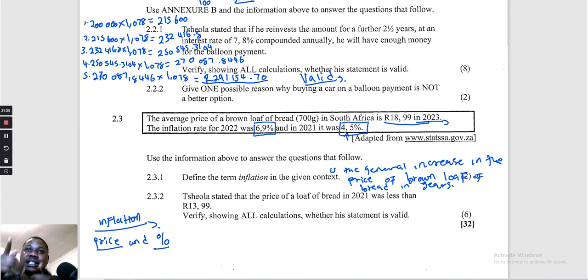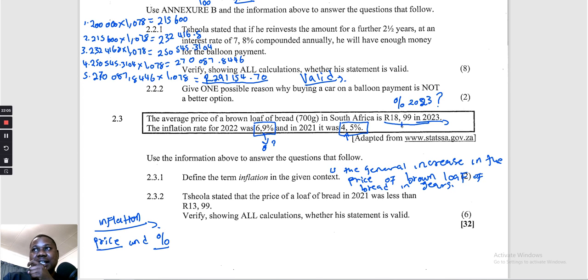So I can tell you with my understanding of Maths Lit now, there was supposed to be inflation for 2023. If there was inflation for 2023, we would compare it with the inflation for 2022. Let me just say the percentage for 2023 is missing. It's missing because we would use that percentage to either decrease this price, if there was an increase from 2022 to 2023.